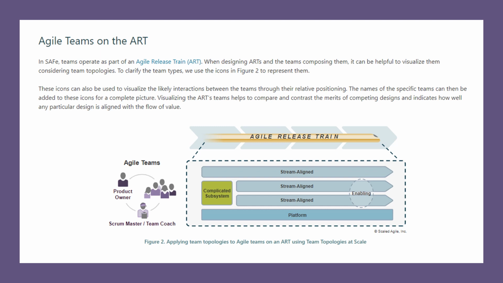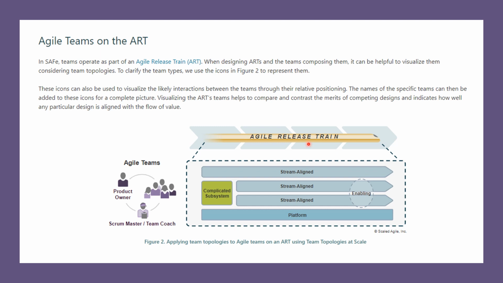In SAFe, teams operate as part of an agile release train. While designing ARTs and the teams composing them, it can be helpful to visualize them considering team topologies. The picture you are seeing is a visualization of applying team topologies to agile teams on an ART using team topologies at scale.